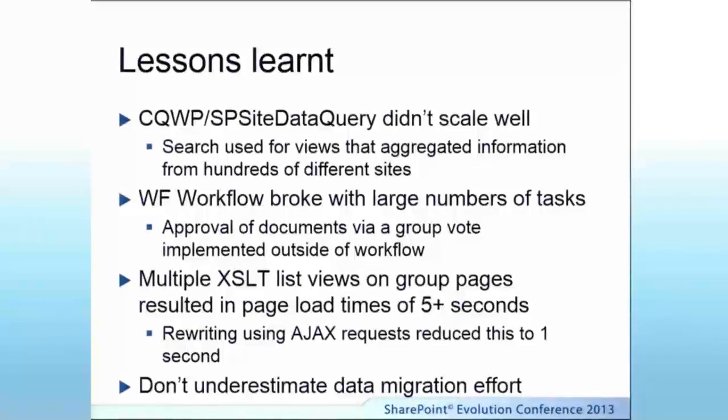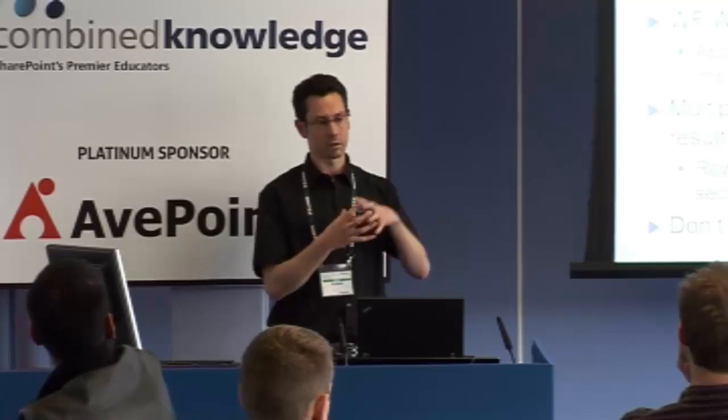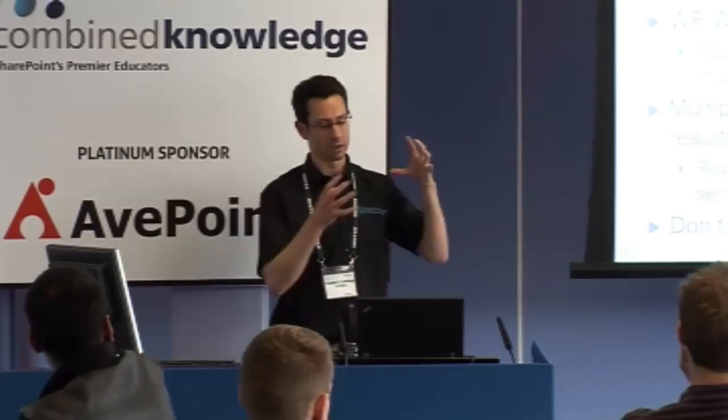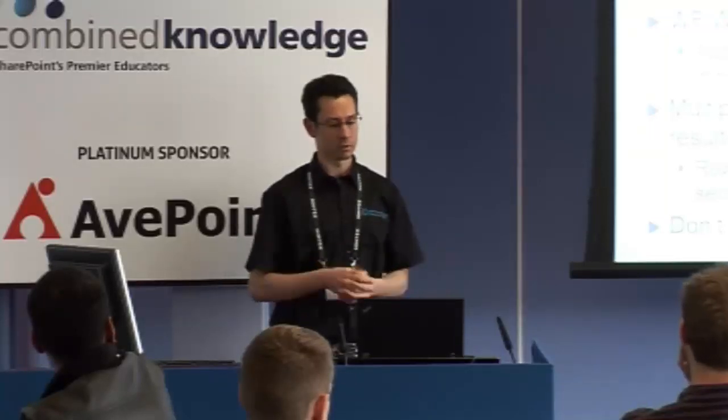So when you're seeking approval from each of those users, groups of 10 or 20 work fine assigning out tasks to all group members, but when you're running this at scale, the workflow simply breaks down. And we found that what it was trying to do is create an XML document that represents every single task and saving that into a single column inside SQL. And that was just falling over.